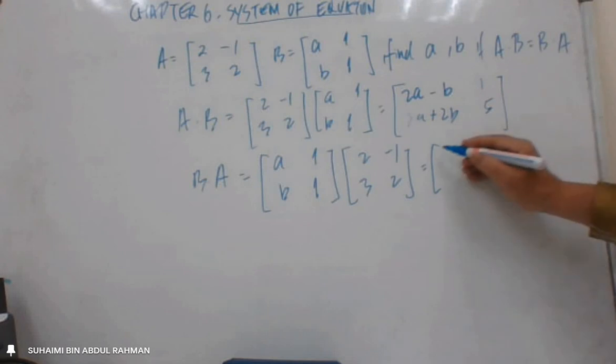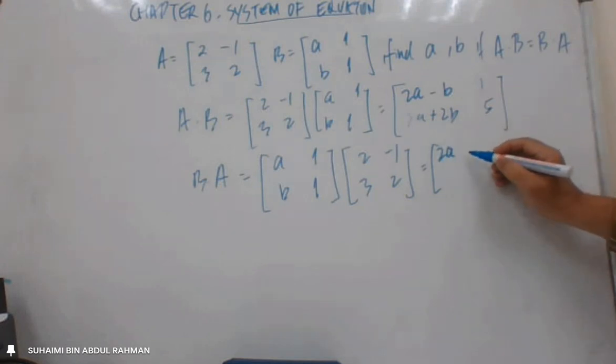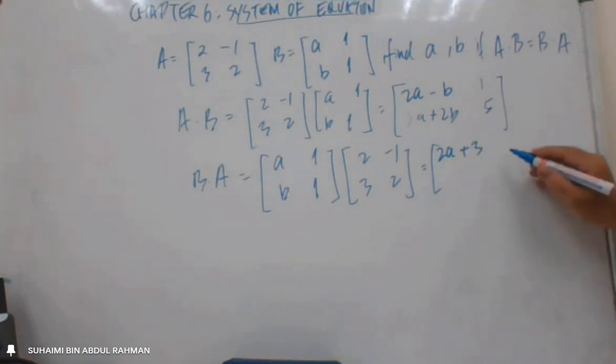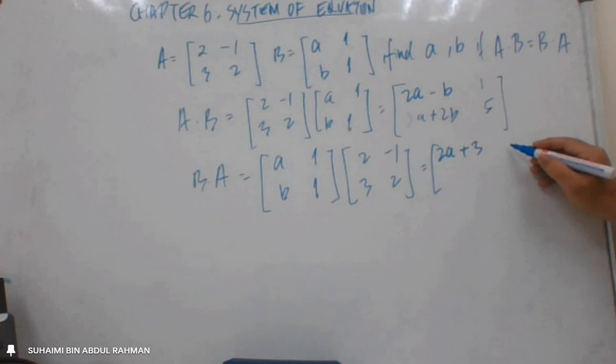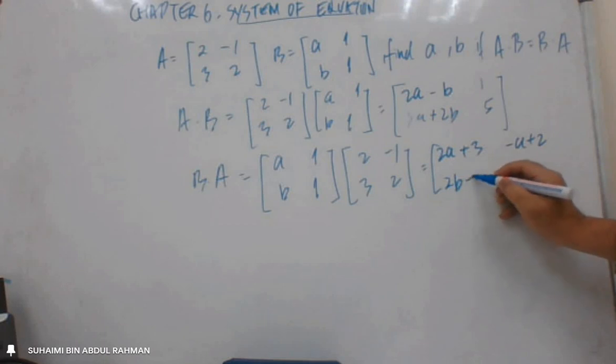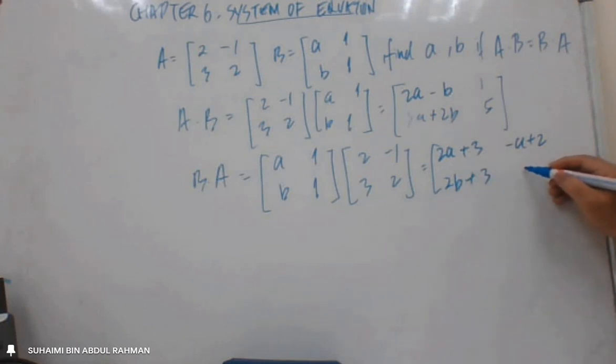This gives 2A plus 3, minus A plus 2, 2B plus 3, and minus B plus 2.